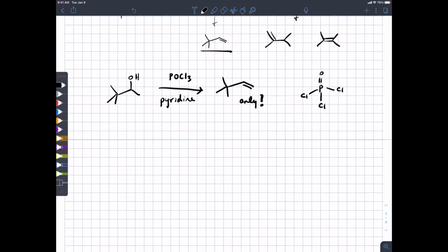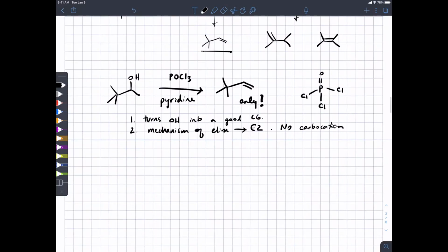And the reason this doesn't happen is because the reaction first turns OH into a good leaving group, but then the mechanism of elimination is E2. So there's never a carbocation intermediate. Now, I'm not going to draw the mechanism for this in class. It's presented in sufficient detail in your text, and you can look at it there.